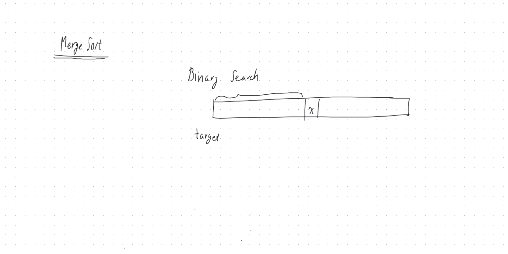On the other hand, if the target happens to be greater than x, then because again the array is sorted, we only need to look for the target in the second half. Again, an array of size roughly n over 2. So divide and conquer. That was the basis of binary search. And as we will see in this video, it will be the basis for merge sort as well.